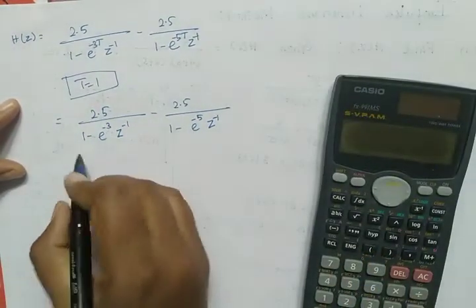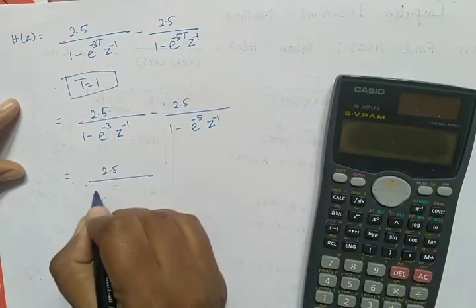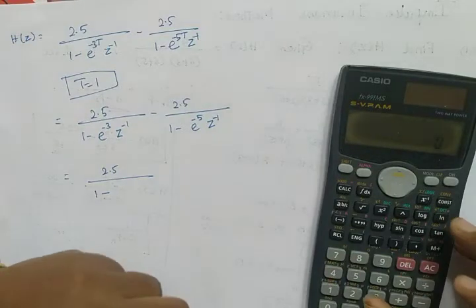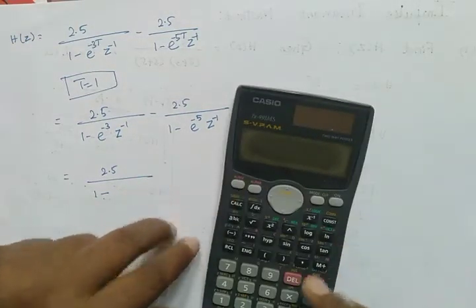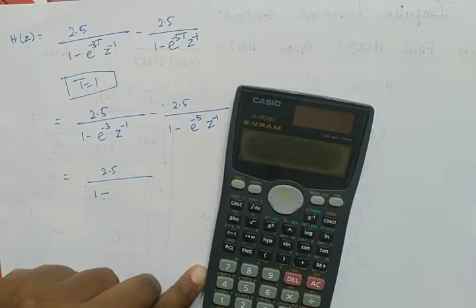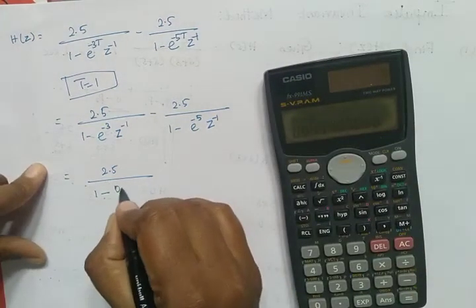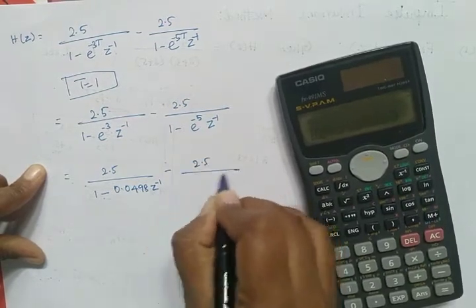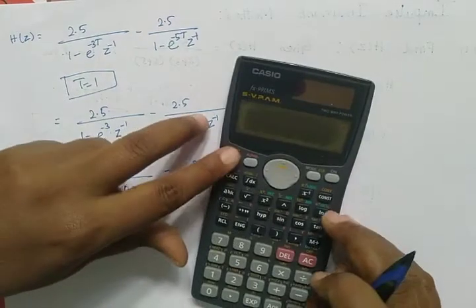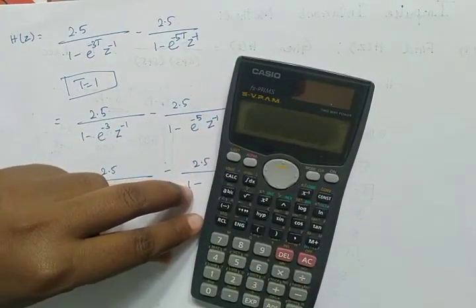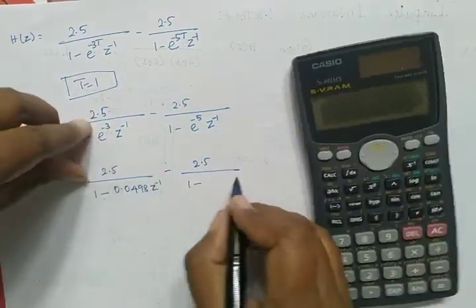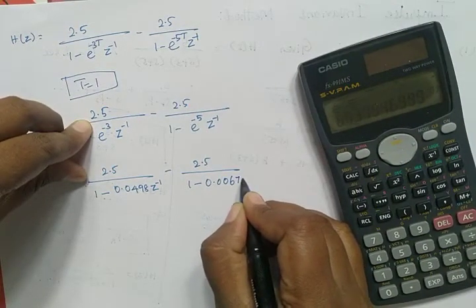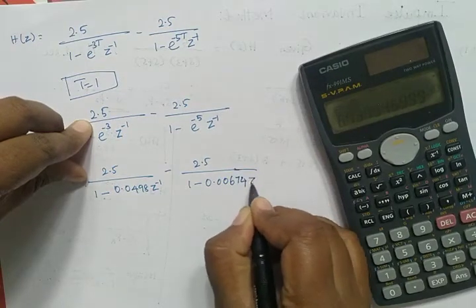Now we have to substitute the values. e power minus 3 is equal to 0.0498, so 2.5 divided by 1 minus 0.0498 z inverse, minus 2.5 divided by 1 minus e power minus 5, which is 0.00674 z inverse.